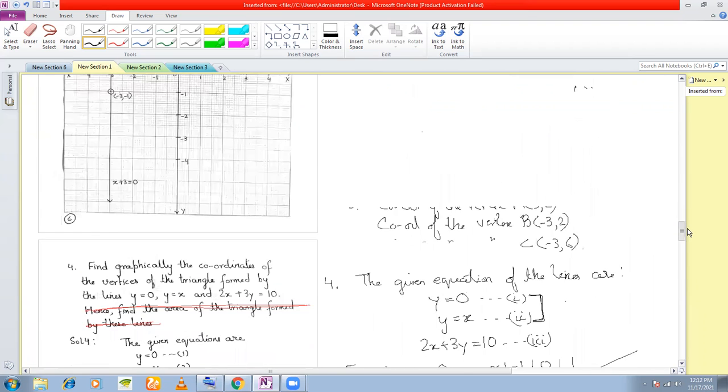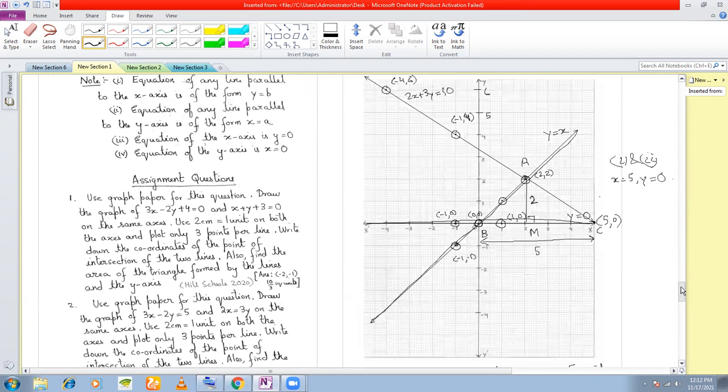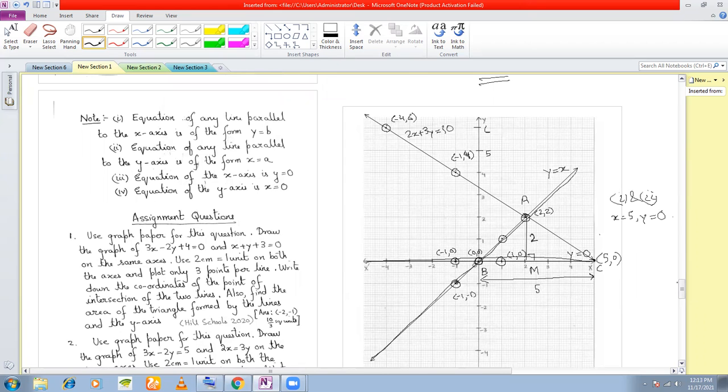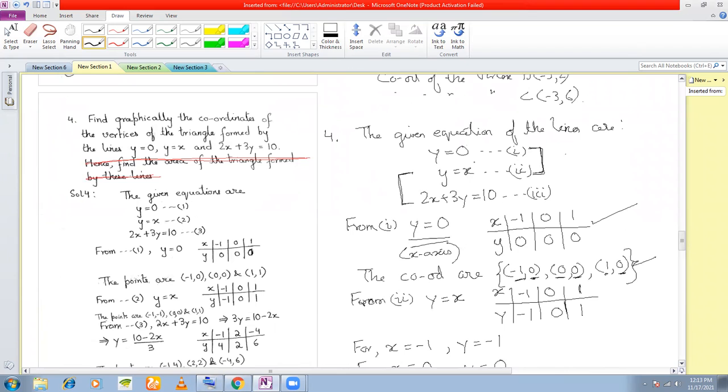Now if I ask you for the solution of these 2 equations, y is equal to x and 2x plus 3y is equal to 10, what is the solution from the graph?